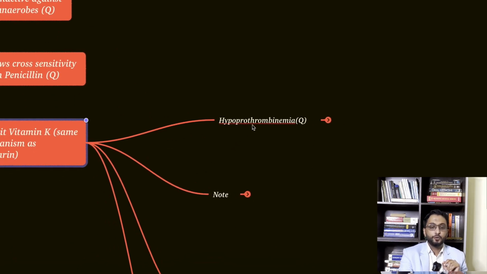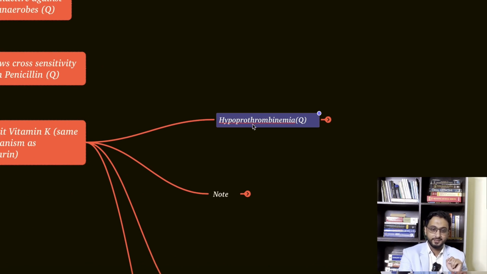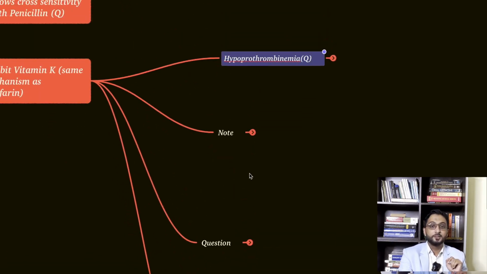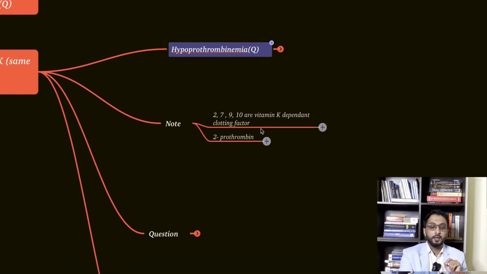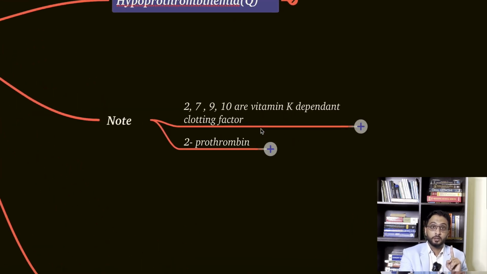So basically, it produces hypoprothrombinemia. What is that? Please note, vitamin K is important for very important clotting factors: 2, 7, 9, 10. We'll come to this when we study warfarin in detail. For these clotting factors vitamin K is important, and factor 2 is called prothrombin.